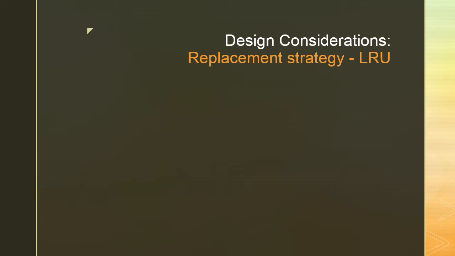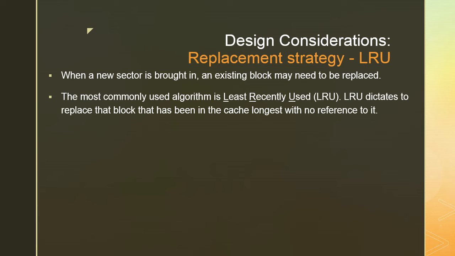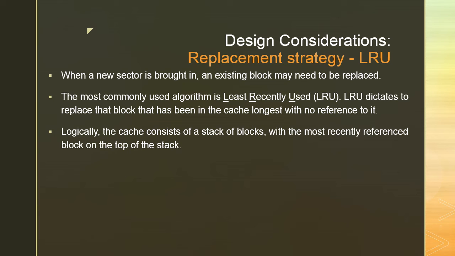Design considerations, replacement strategy. When a new sector is brought in, an existing block may need to be replaced. The most commonly used algorithm is least recently used or LRU. LRU dictates to replace that block that has been in the cache longest with no reference to it. Logically, the cache consists of a stack of blocks with the most recently referenced block on the top of the stack.